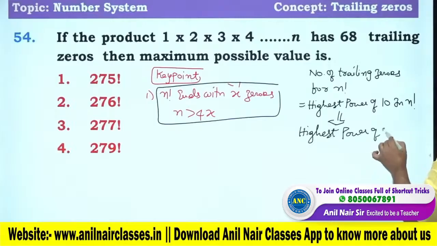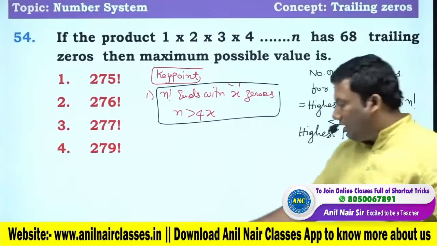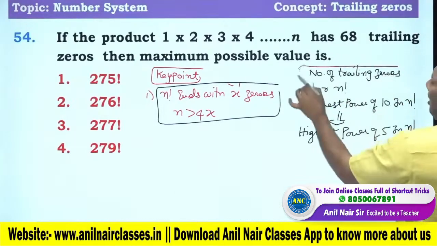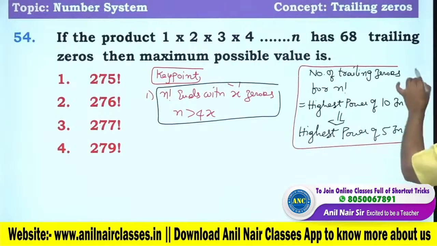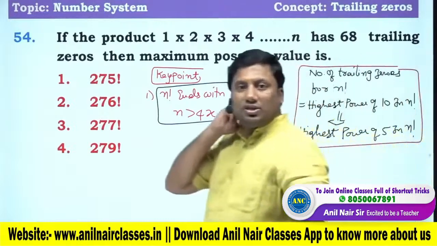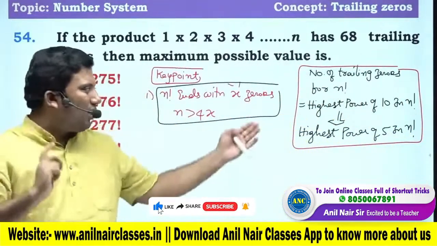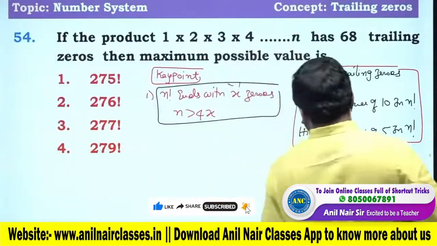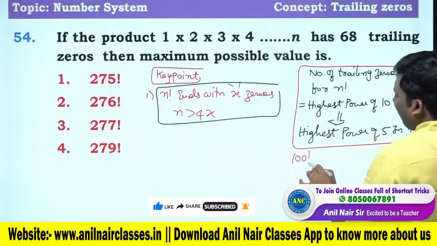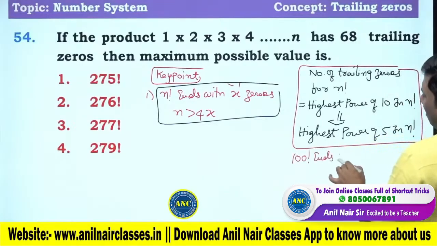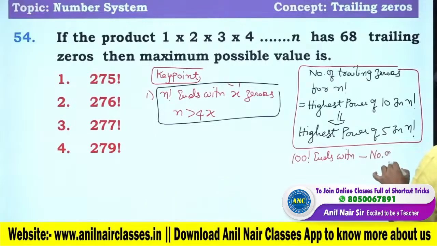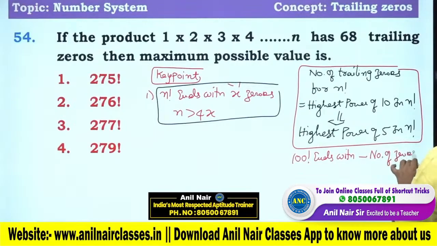In a factorial, the number of zeros at the end is given by the highest power of 5. Are you all with me? We have done so many problems. Suppose 100 factorial ends with dash number of zeros.